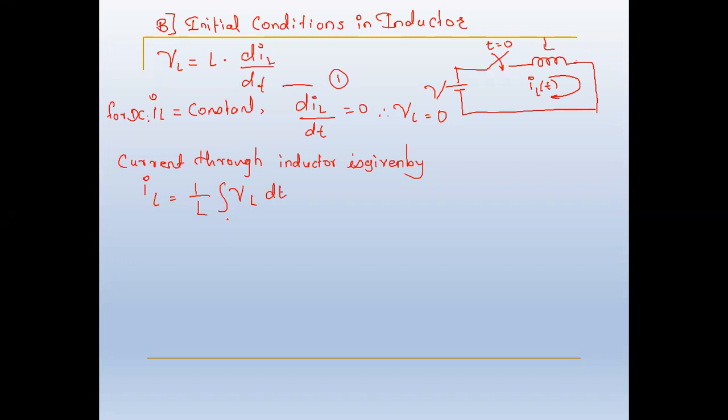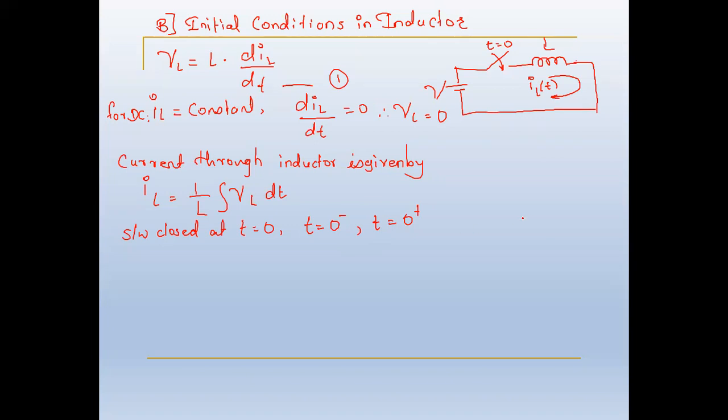So consider that the switch is closed at t is equal to 0. Then t is equal to 0 minus indicates the time instant just before the switching action, and t is equal to 0 plus indicates the time instant just after the switching.